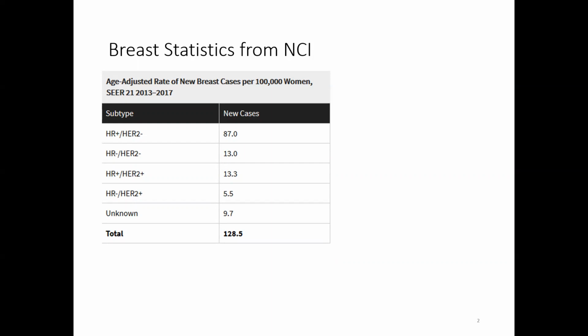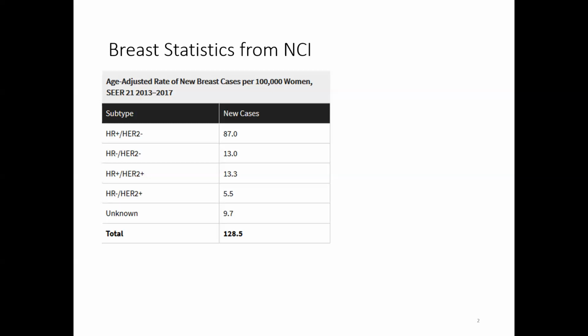The breast cancer subtype with the HR positive, HER2 negative is the most common subtype. So hormone receptor positive and HER2 negative is very common. The age-adjusted rate of 87 new cases per 100,000 women is based on the 2013 to 2017 cases.